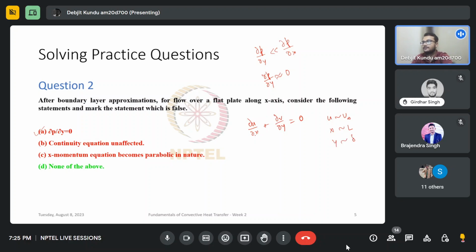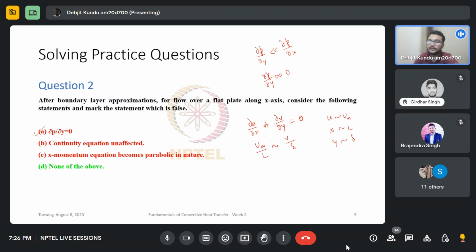So that would give us U infinity by L plus the scale of v, which we do not know, and it should be equal to v by delta. Now, why should it be equal? Because there are only two terms over here, and the sum of them is equal to 0.